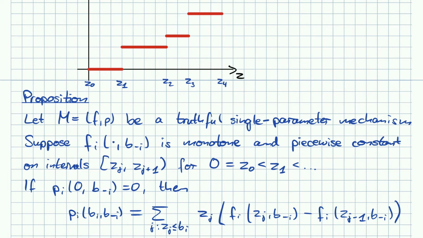We are now taking any bi, and now we are taking the sum over all zj, which are no larger than bi, and then we always multiply the respective zj by the increase of f.